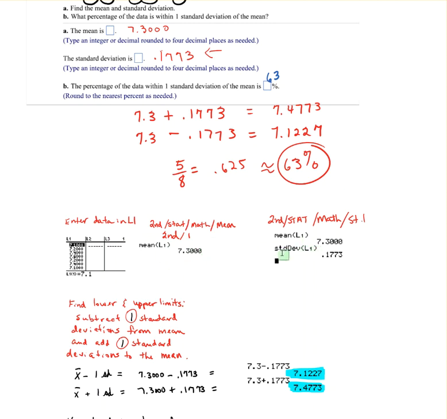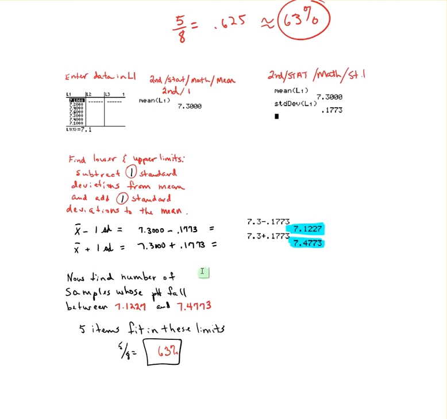And then for the standard deviation, it's second stat, math, and choose standard deviation of L1. And so that's how we got those. Then we found the upper and lower limits by adding and subtracting. That's what I did there, but here it's broken down a little bit more. Subtract 1 standard deviation and add 1. So we get these numbers.